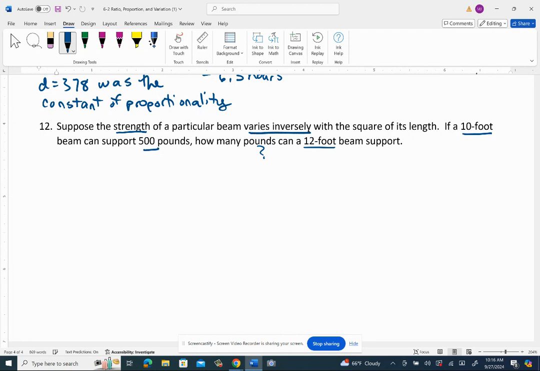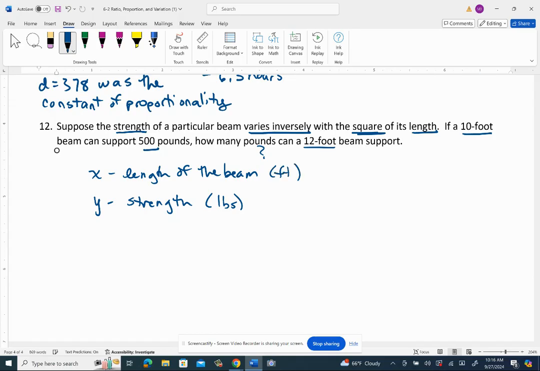The strength varies inversely with not just the length, but the square of its length. So I'm going to let x be the length of the beam, and y be the strength of the beam, measured in pounds, where the length is measured in feet.